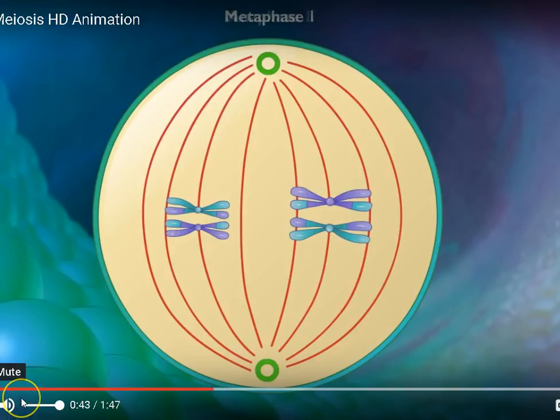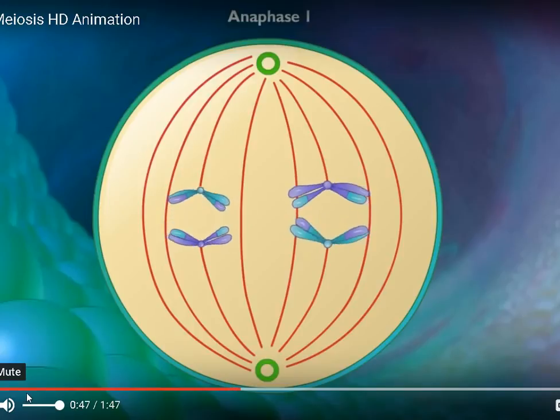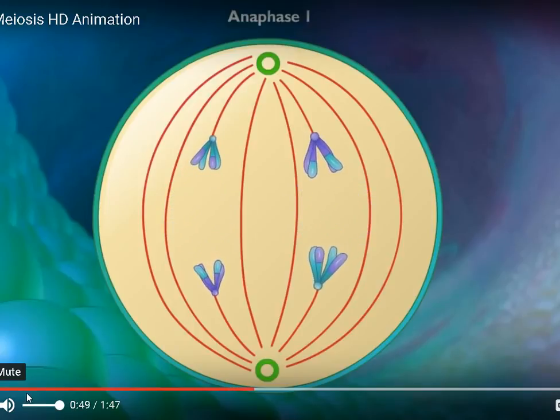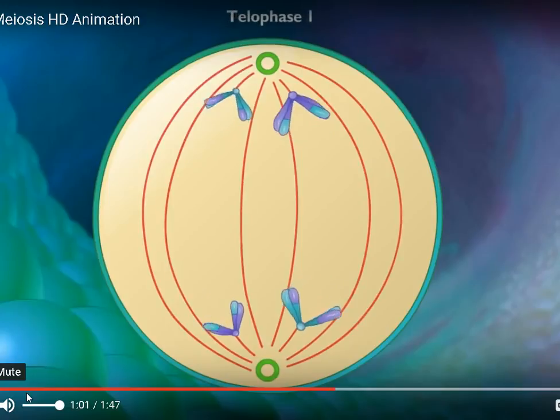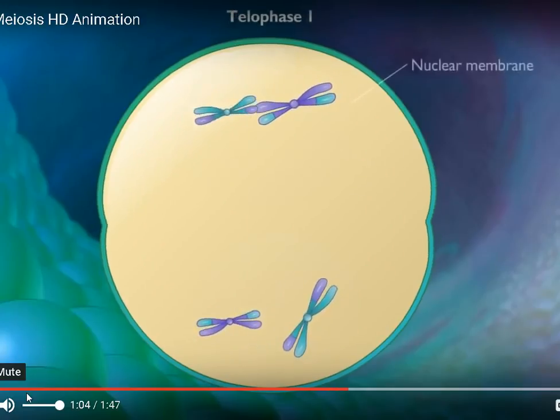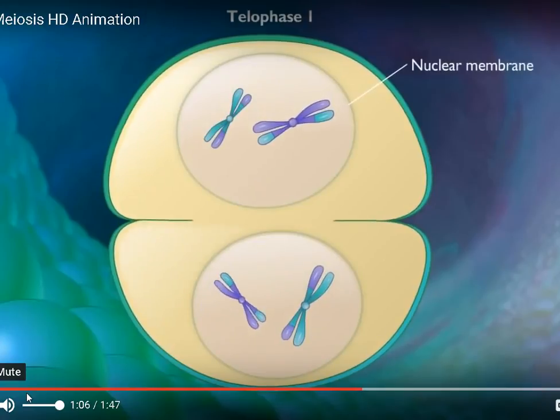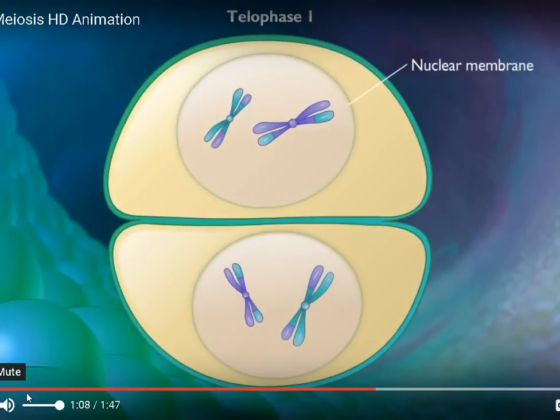In anaphase 1, the microtubules of the spindle fiber shorten and pull the chromosomes toward the poles, taking both sister chromatids with them. Each pole ends up with a complete haploid set of chromosomes consisting of one member of the homologous pair. During telophase 1, the nuclear membrane reforms around the daughter nuclei. Each daughter nucleus contains two sister chromatids for each chromosome attached to a common centromere.